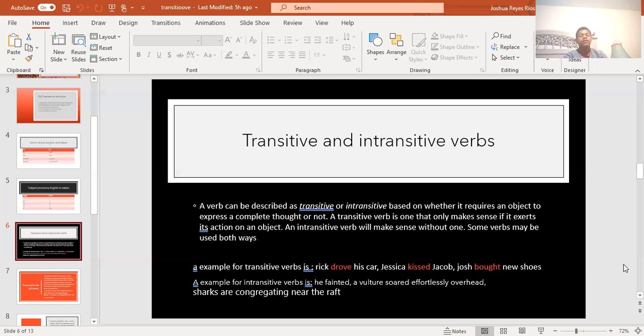Jessica kissed Jacob. Again, kissed, the verb; Jacob, the object. Sadly, a person, but object. Josh bought new shoes. He paid for new shoes. So the verb is bought, and new shoes is the object. See how it works with the verbs.